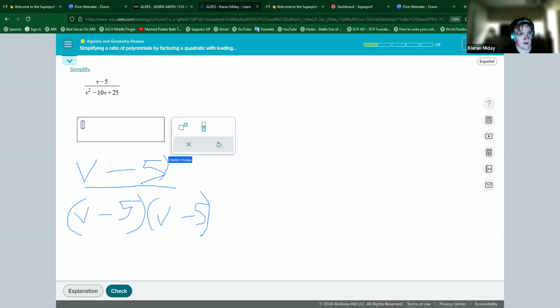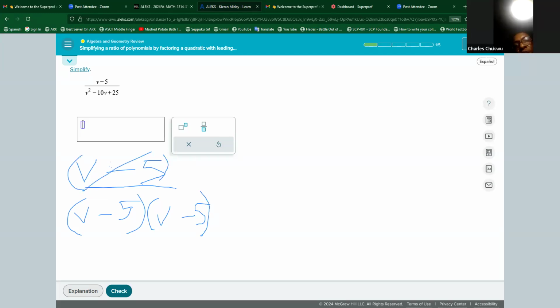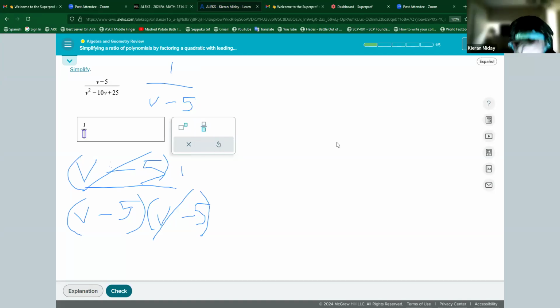I think it's all going to cancel itself out. Not exactly all. So you have 1 here. So your final answer is going to be 1 over V minus 5. Okay.